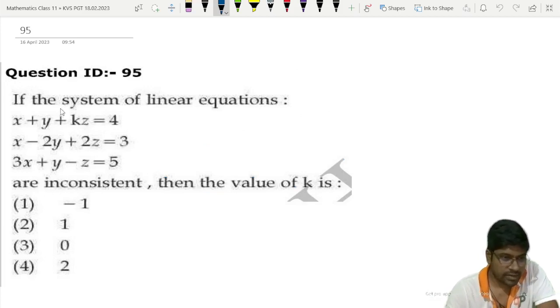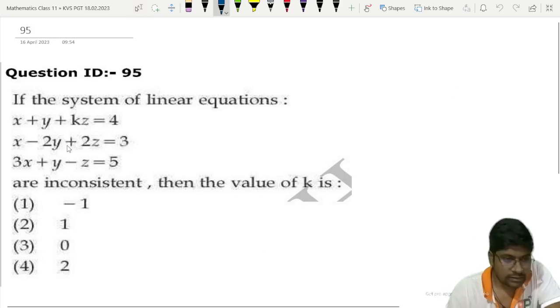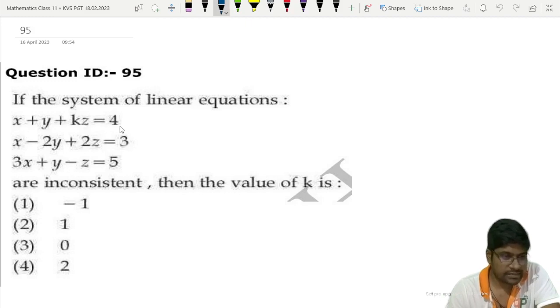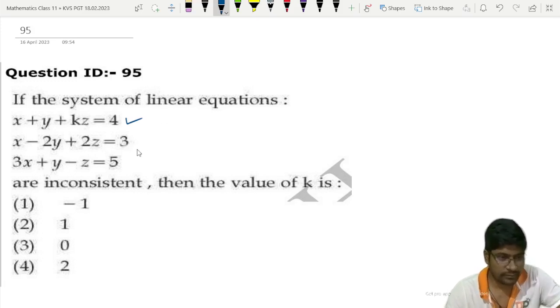What they are asking: if the system of linear equations, the three equations are given. The first equation is x plus y plus kz is equal to 4. The second equation is x minus 2y plus 2z is equal to 3.